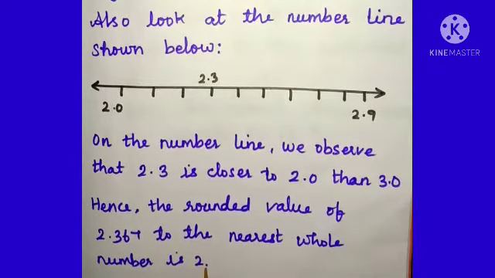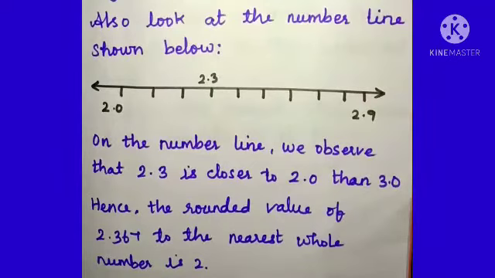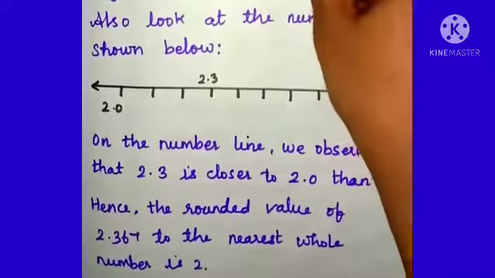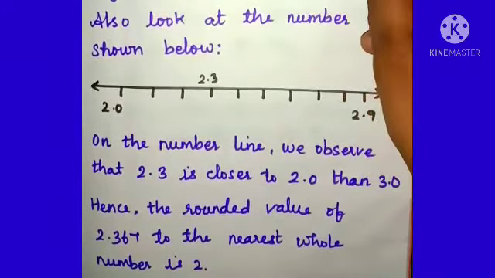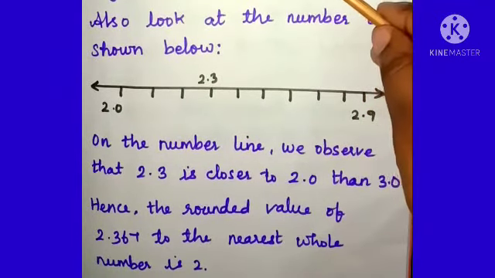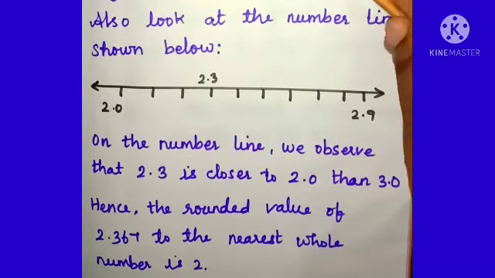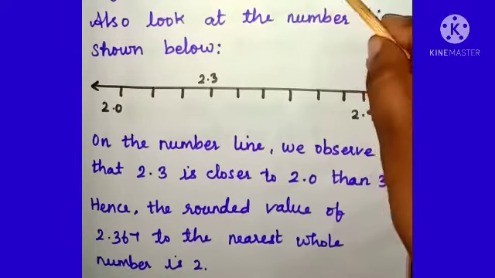Children, did you understand? So, once again, I'll repeat it. So, children, see the problem. Here in this example, we have to round the decimal number to the nearest whole number. As a first step, underline the digit that is to be rounded, and then look at the digit to the right of the underlined digit.